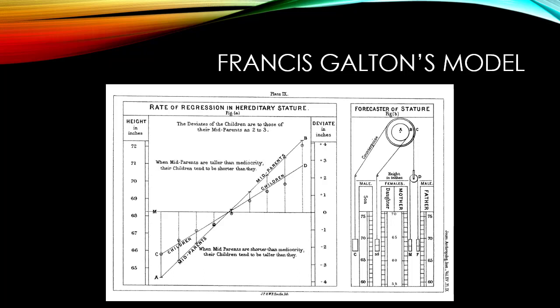He found that when parents are tall, their children tend to be shorter than their parents. When the parents are short, their children tend to be taller than their parents. He referred to this as regression to mediocrity. Later, statisticians called it regression to the mean.